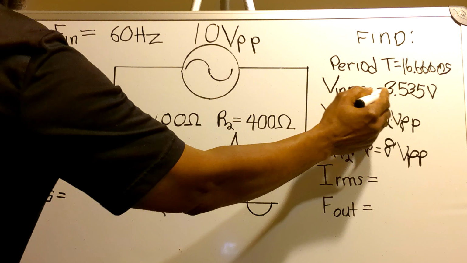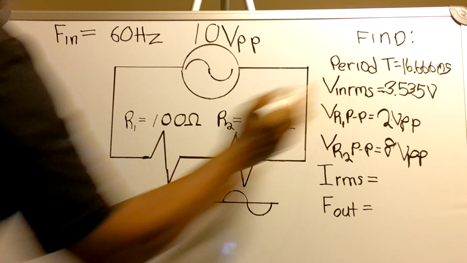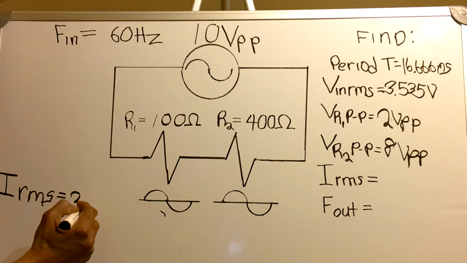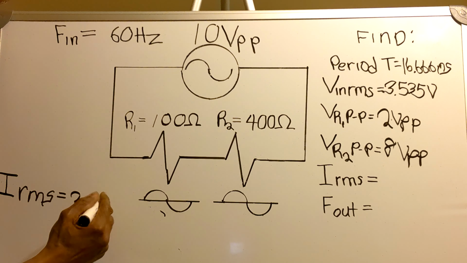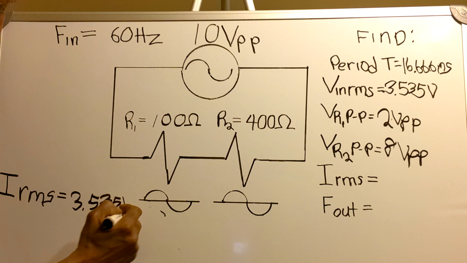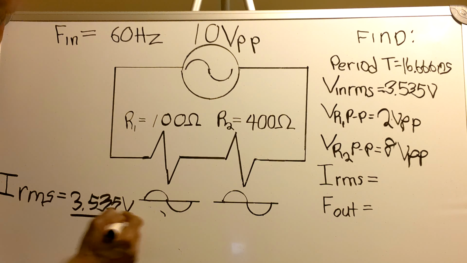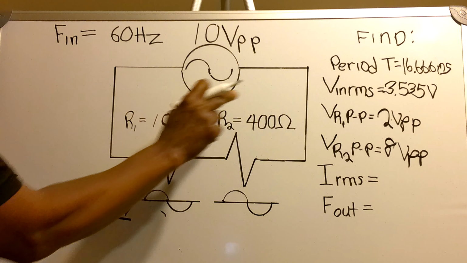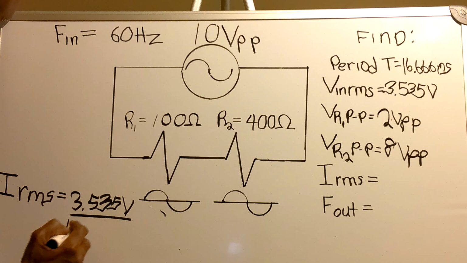It equals the 3.535 volts in RMS divided by 100 ohms plus 400 ohms.